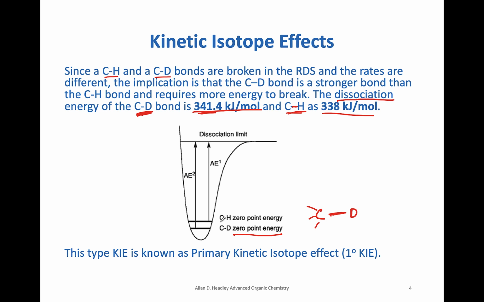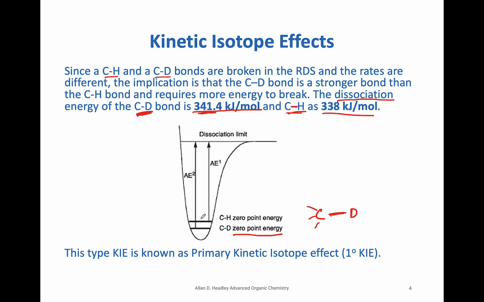If we have a CH bond, the same thing happens. The minimum energy, called the zero point energy, for that vibration is higher. And that has to do with the difference in atomic weights for CD versus CH. So you may want to refresh your memory in terms of the energy requirements based on the reduced mass, or the mass of the atoms involved.